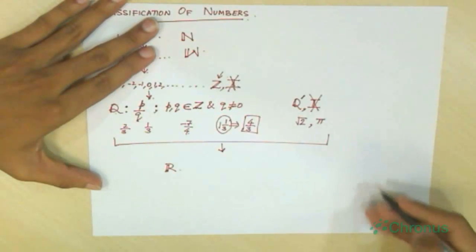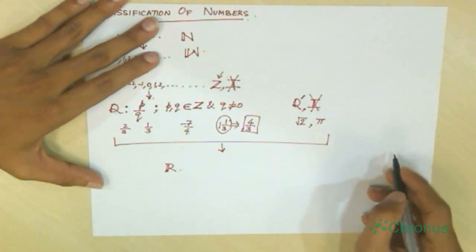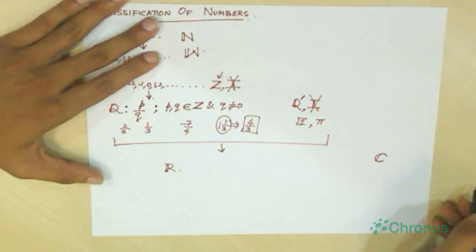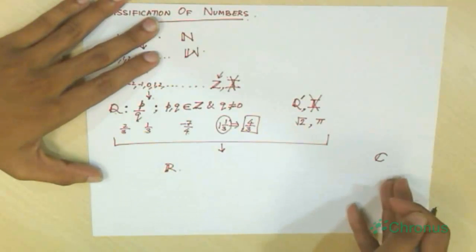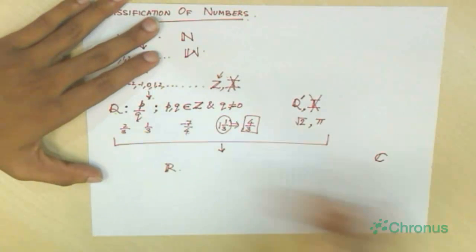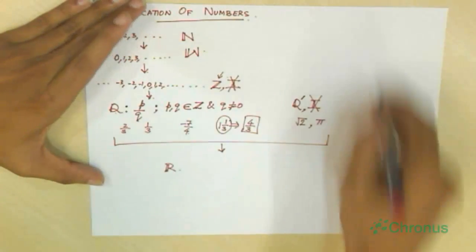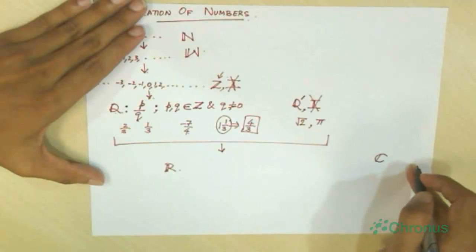And there are other numbers which cannot be represented on a number line. These are called complex numbers. So basically, these are not real. Real numbers are this whole set, and something which doesn't belong to any of these is a complex number.